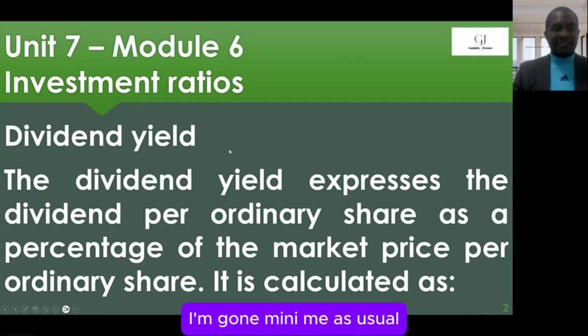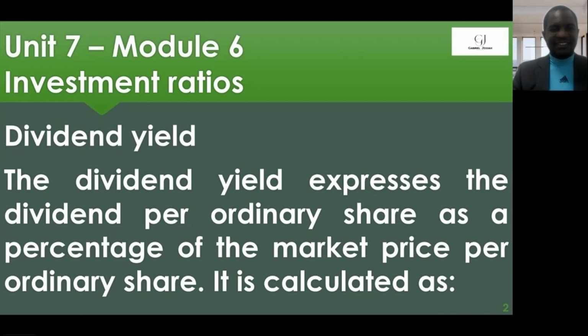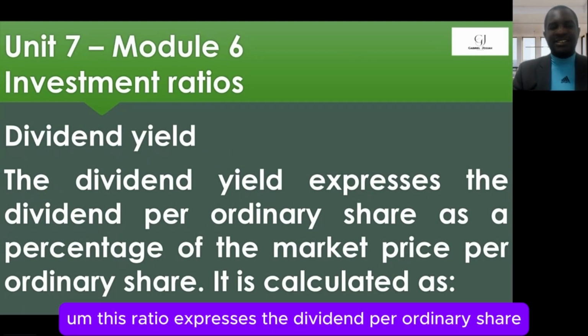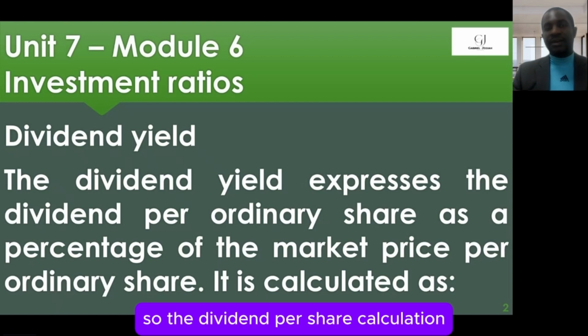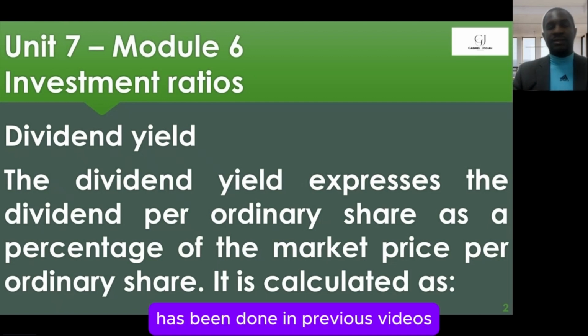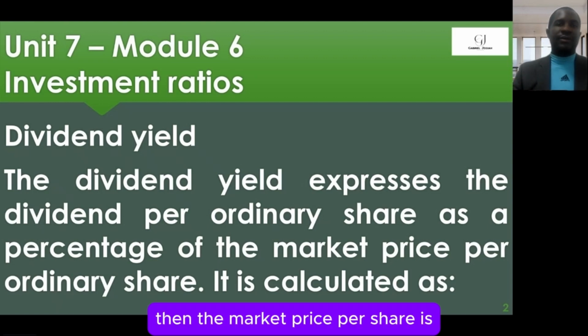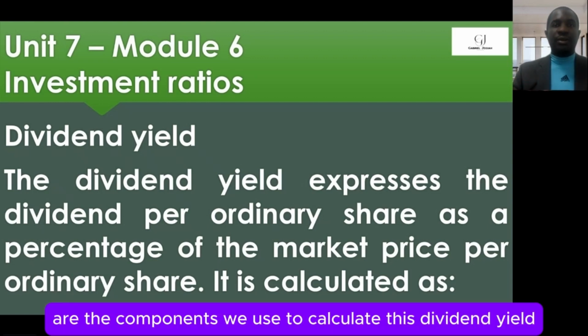Let me share my screen quickly as is our custom, and let's look deeply into this fantastic metric. I've got dividend yield as usual. This ratio expresses dividend per ordinary share as a percentage of the market price per ordinary share. The dividend per share calculation has been done in previous videos, and the market price per share are the components we use to calculate this dividend yield.